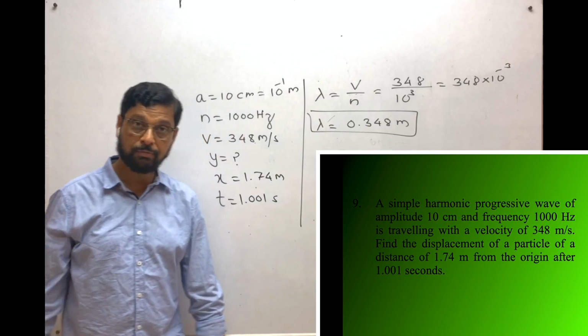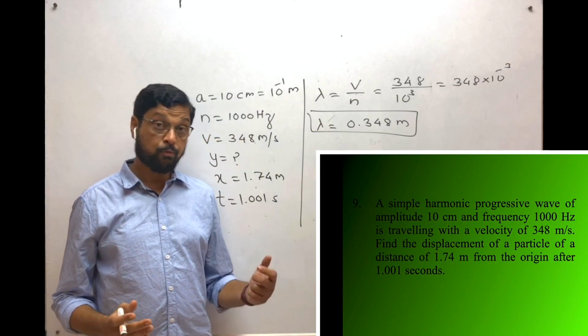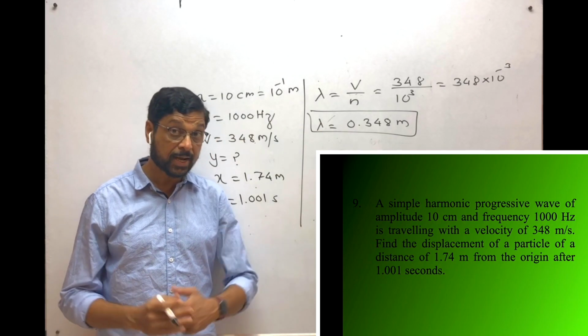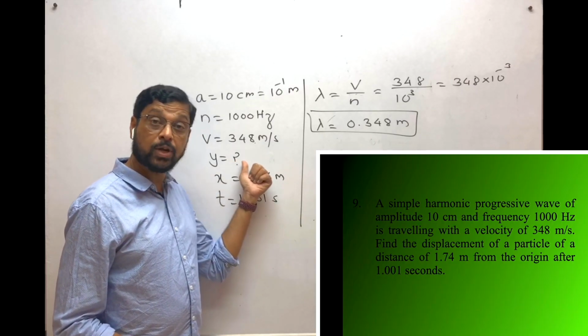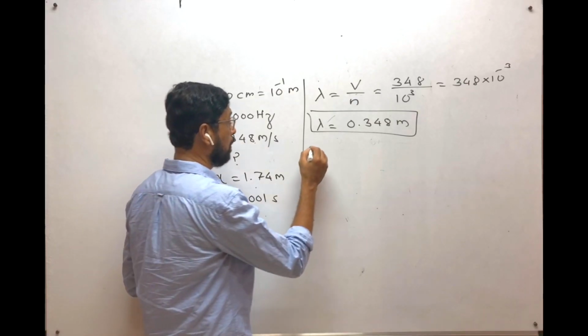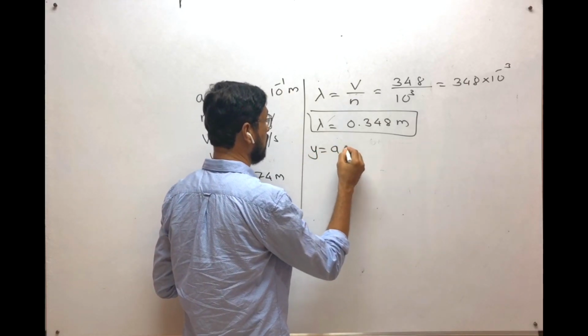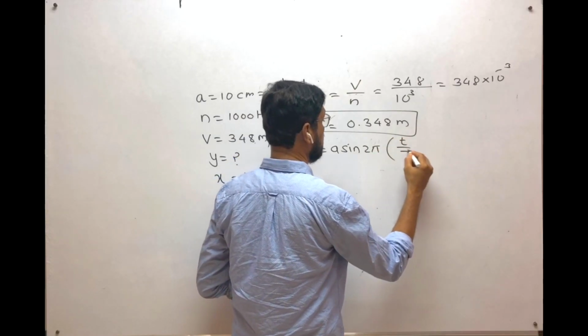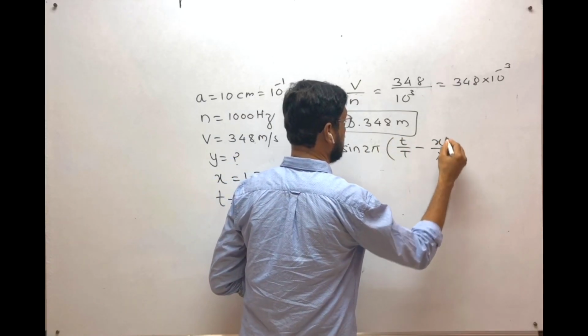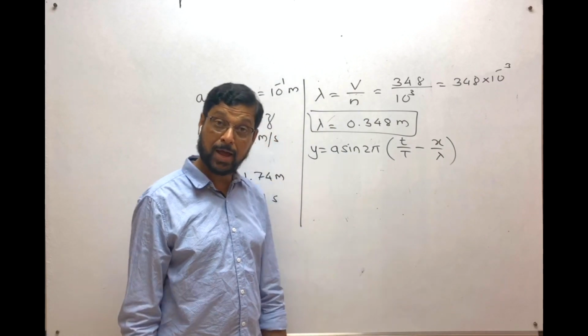That is the value of lambda. And what you have to find out, क्या करना है हमको? We have to find out y. And what is the formula for y? Y is equal to a sine 2 pi t by T minus x by lambda.